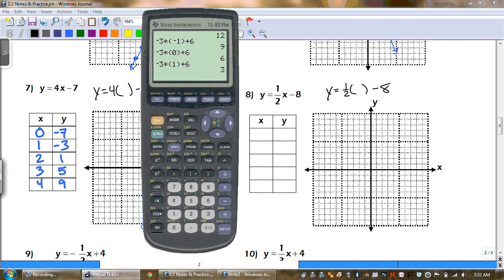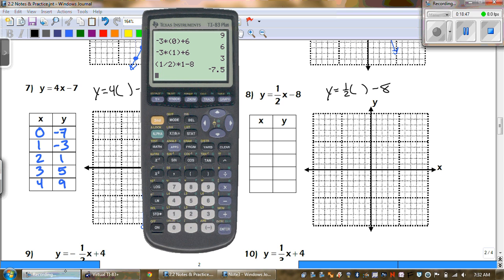But what happens, so we got 1/2 times, I'm just going to pick 1, minus 8. Okay? When you plug that in, you get a decimal. And we don't want decimals in our answer. So how do we get rid of that? We don't want to have decimals when we're doing this. And here's the secret.